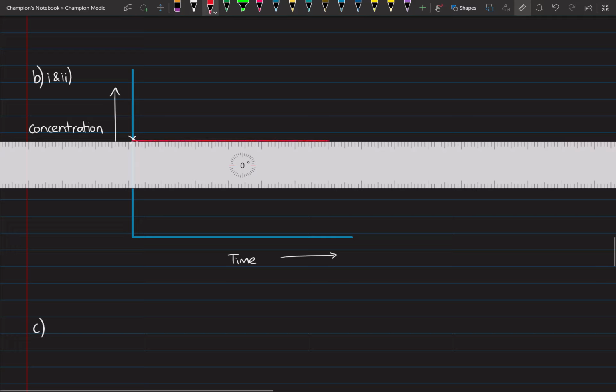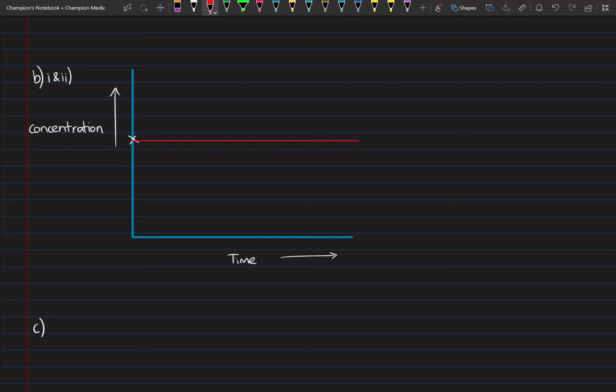And the reason why it's a horizontal line is in the key part of the question, where it says that people with Tay-Sachs disease do not have this enzyme in their blood, which means enzyme substrate complexes cannot be formed, so the ganglioside concentration is going to remain constant throughout the test.